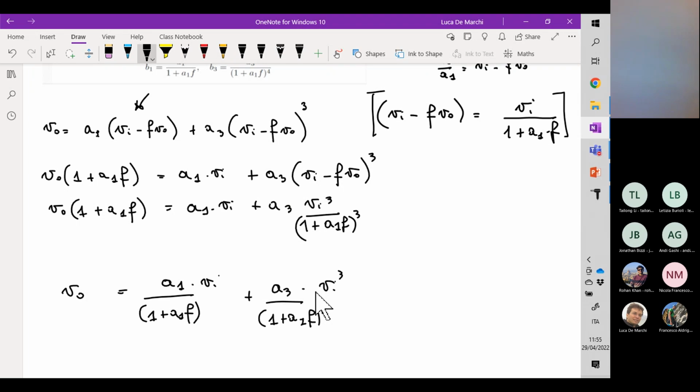Clearly B3 is much smaller than B1 because we have a denominator in which we have A1 times F raised to the fourth power. So basically we indeed achieve a sort of desensitization of the nonlinearity in our circuit.